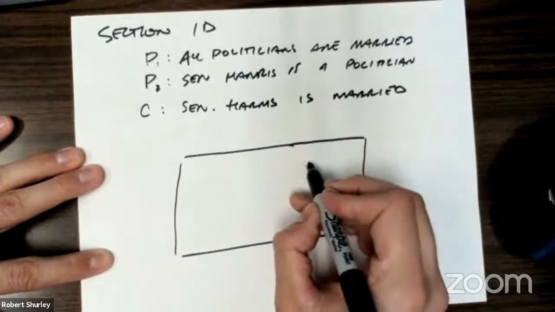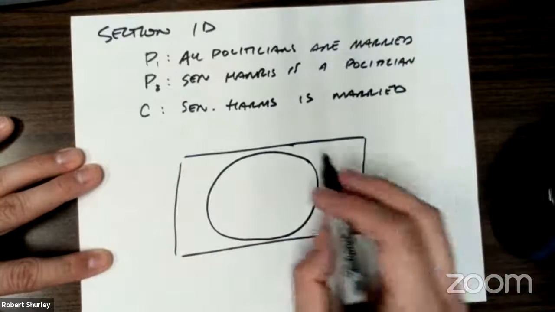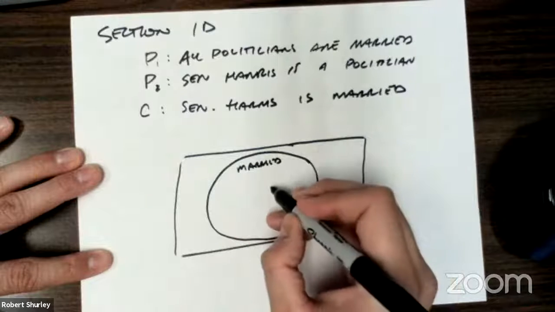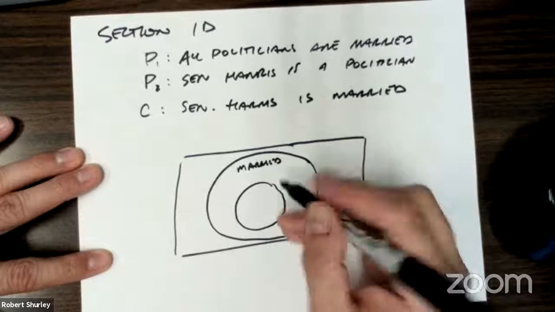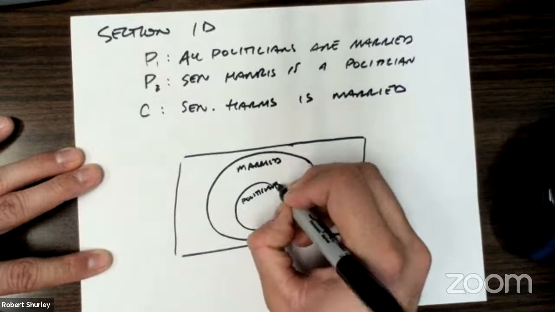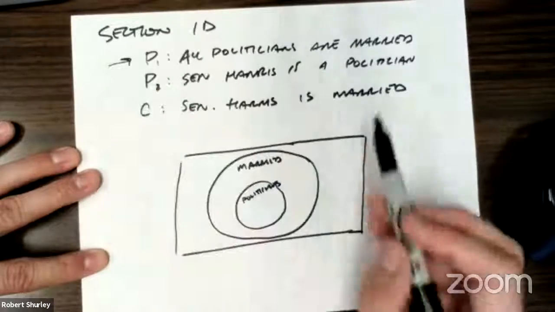So if we have all married types of people or groups, what we're saying is if married's here, politicians are in this bubble somewhere, okay? Politicians are there.